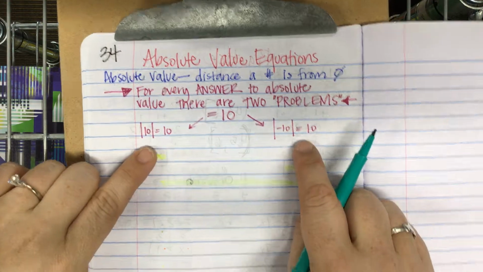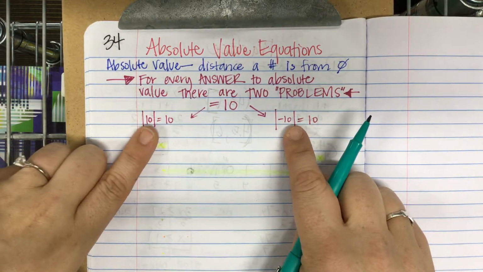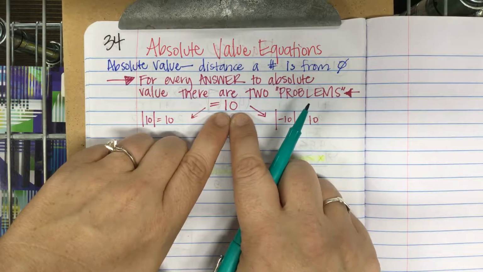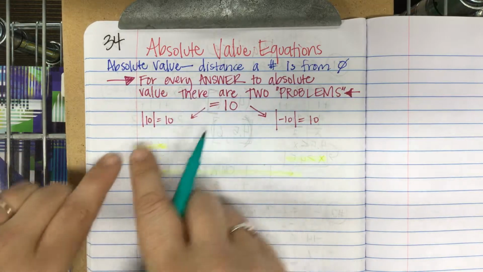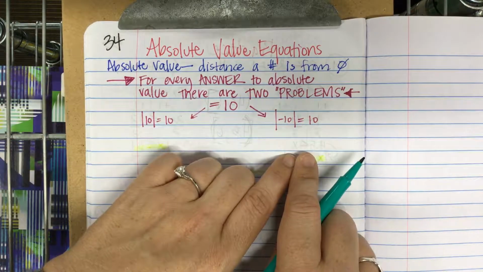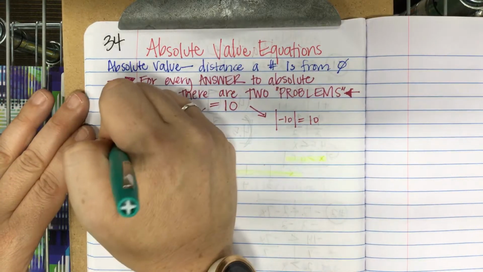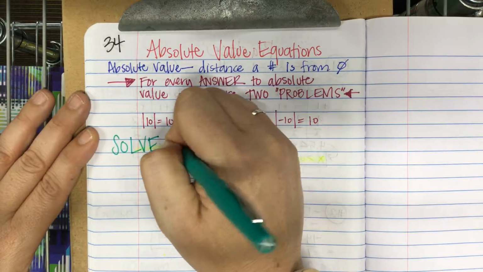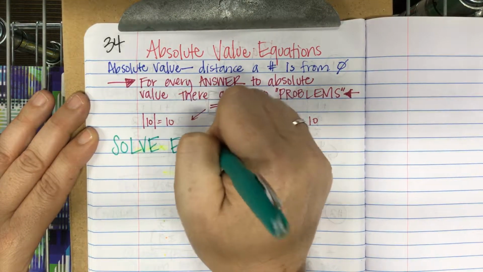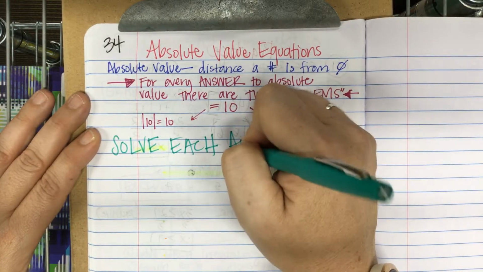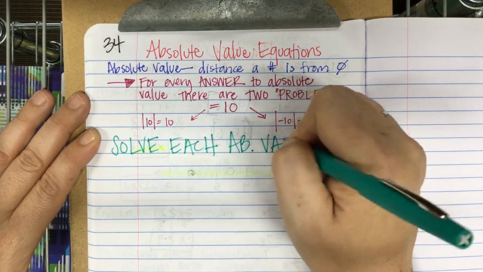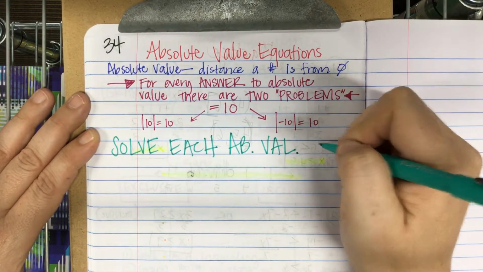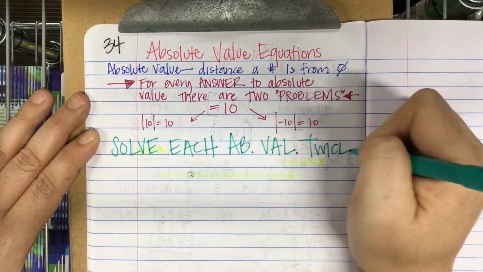So this roundabout way of saying, well, Mrs. Long, if I want 10 as my answer, there are 2 ways to get there, +10 and -10. So that means I need to solve each absolute value twice.